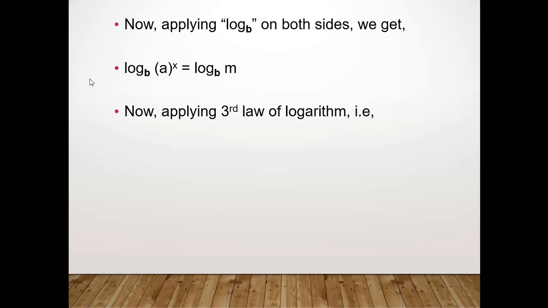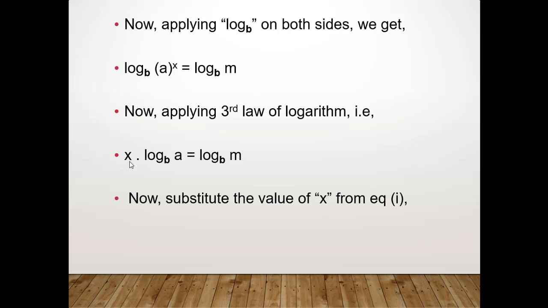Now applying the third law of logarithm, this power is placed before the logarithm and the value is written as it is without the power. x log to base b of a is equal to log to base b of m. Now our second last step is, if we see in the previous slide, we supposed x as log to base a of m.